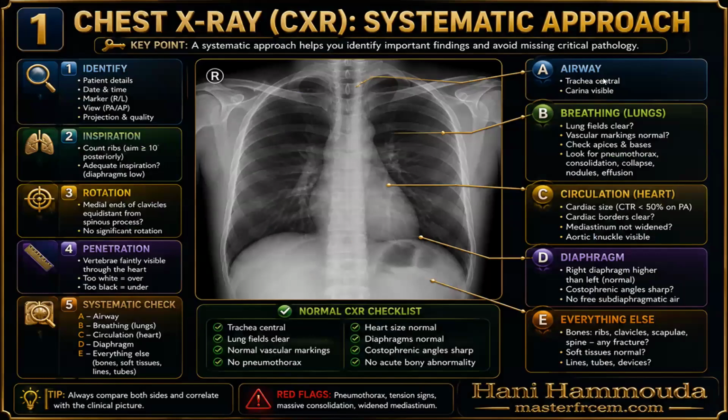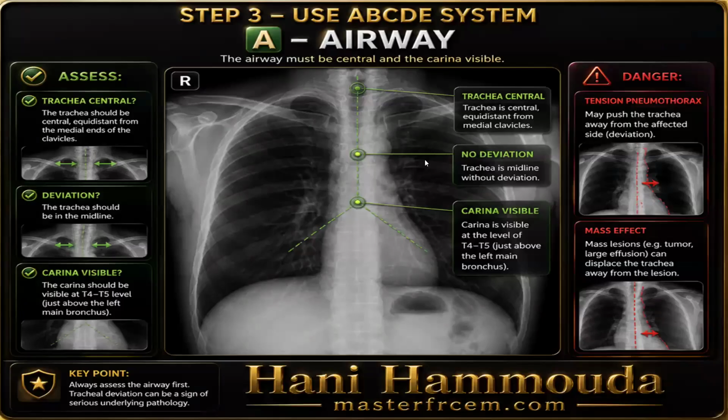And then next we go to the breathing. For the breathing, we check the lung fields. Oh, the airway first, doctor, you said. Sorry. Okay. Yeah. From this X-ray, you know the trachea is central. How do we know regarding the airway whether it is normal or there is any danger?